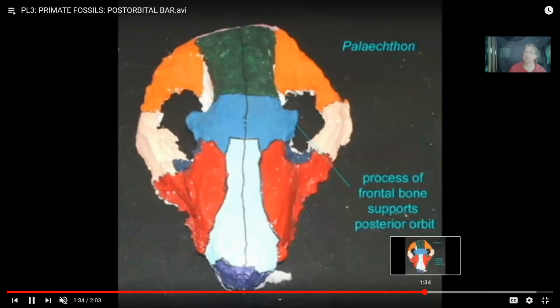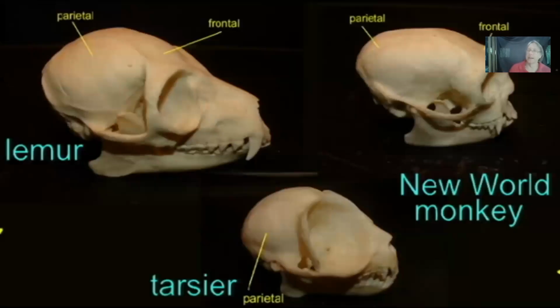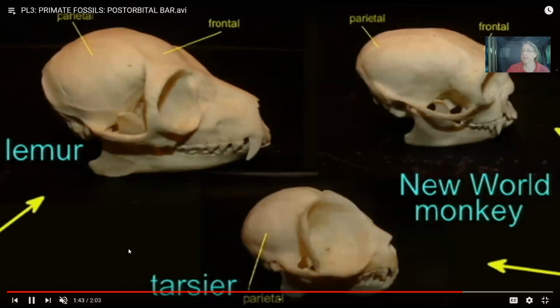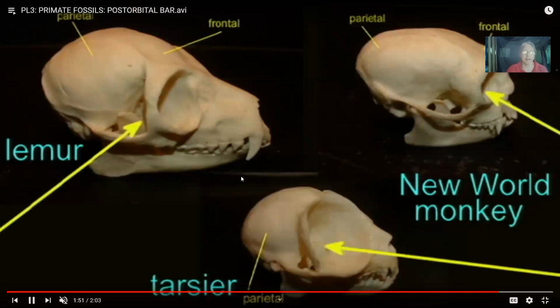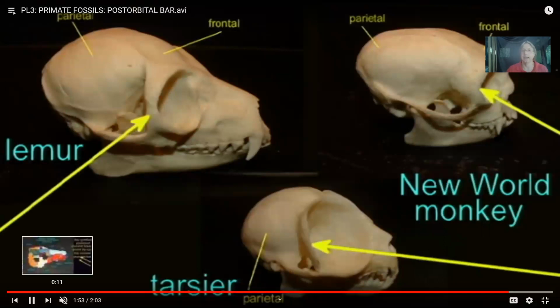A few lineages of mammals have gotten a complete bony bar to protect the eye. That would include horses, camels, and primates. So notice in primates, including humans, the frontal bone and the zygomatic bone contact each other so that the eye is completely surrounded in bone.